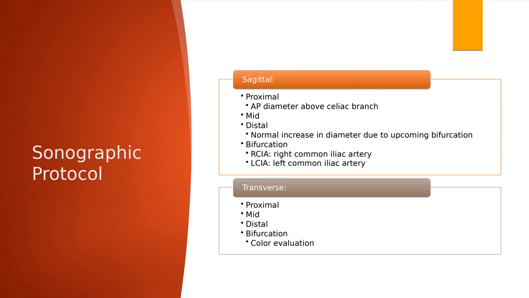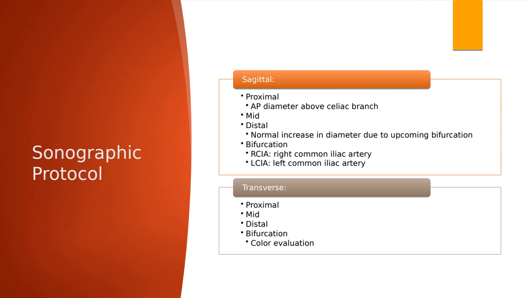You'll see it wide up at the proximal portion, and then it slowly gets a little bit more narrow as we head to mid, and a little more narrow as we get to distal. Then right above where it bifurcates, it can show a little increase in diameter.